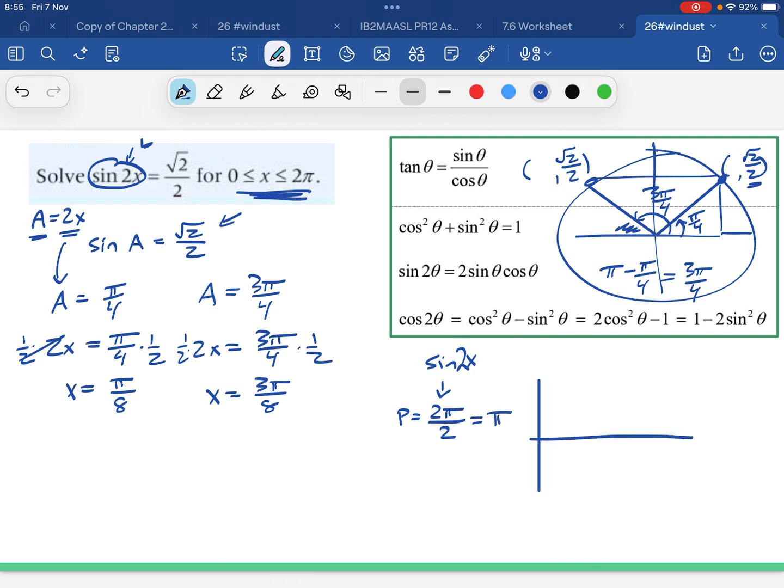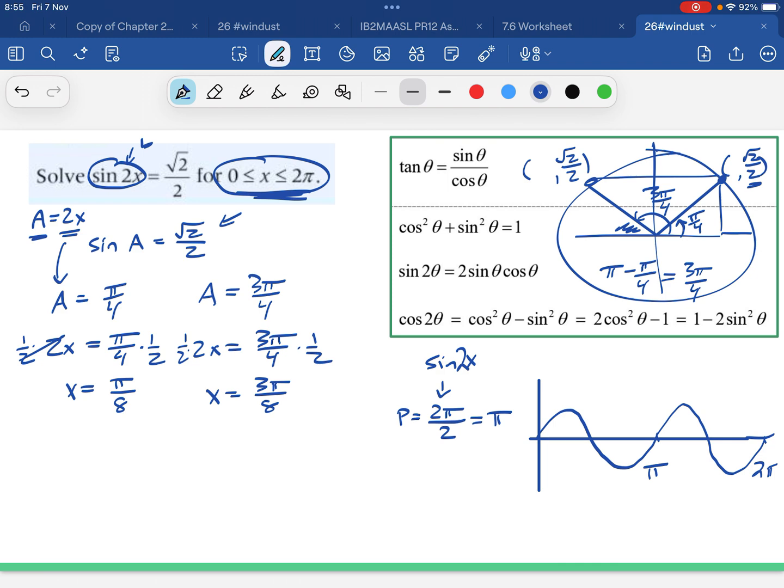So if I was going to graph sine of 2x, it's still the same sine wave, but the period is actually pi. If I graph all the way out to 2 pi, because the question is saying find all the answers between 0 and 2 pi, it's going to look something like this.